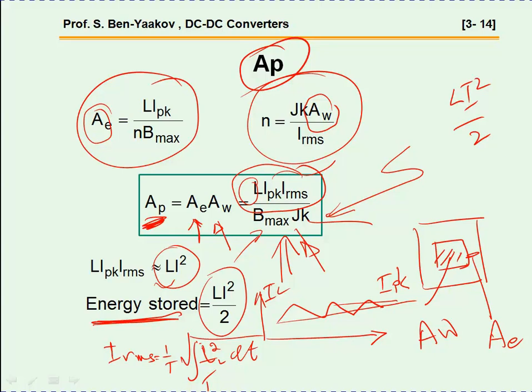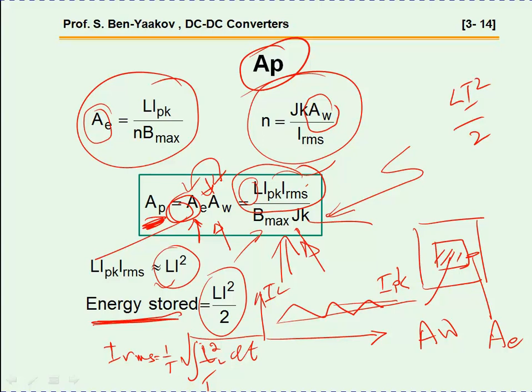Otherwise, you'll either violate the saturation limits you've set or the J, that is how much current you allow in the winding. It's interesting to know that AE and AW, that is the cross-section area and the window area, are interchangeable. That is, you can use a core with a small AE if you compensate it by a larger area, that is more windings.